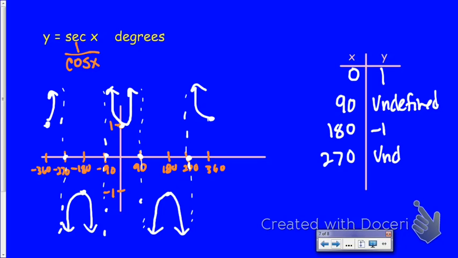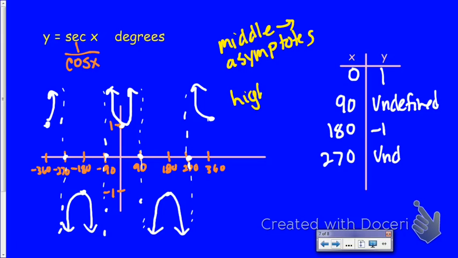So essentially, all I have to do to graph a secant graph is plot the points of the equivalent cosine function. But the difference is that instead of plotting middle points as middle points, all those middle points turn into asymptotes. And those high and low points become the vertices of parabolas.